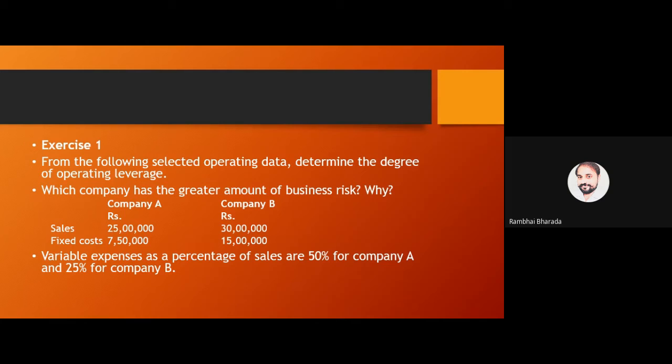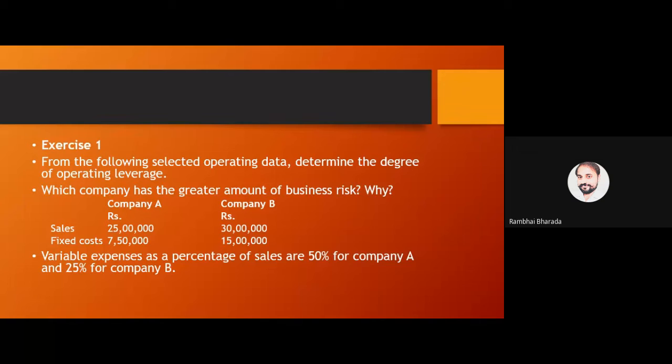For company A, their contribution is equal to sales minus variable cost. See, the company A sales is 25 lakh minus variable expenses. It means variable cost as a percentage of sales is 50% in company A. 50% of sales.